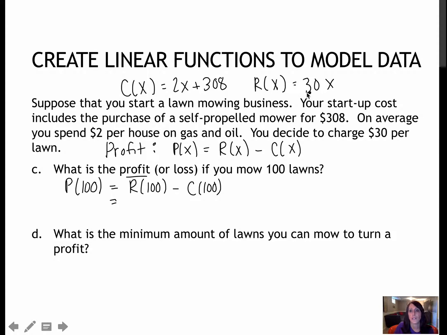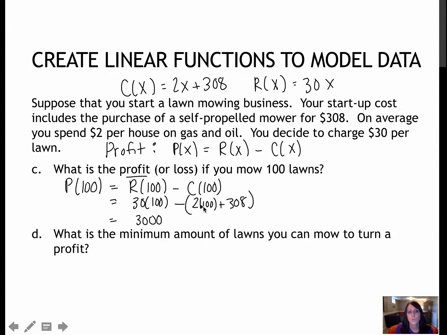R of 100 is 30 times 100. C of 100 is 2 times 100 plus 308. Notice I'm putting all of that in parentheses because I'm subtracting all of that from this. 30 times 100 is 3,000.